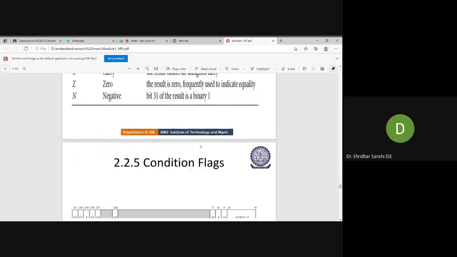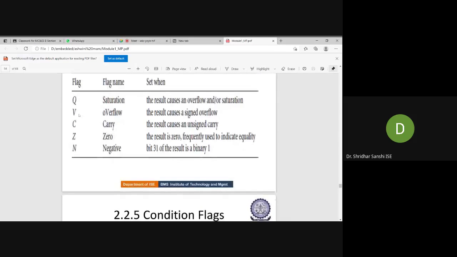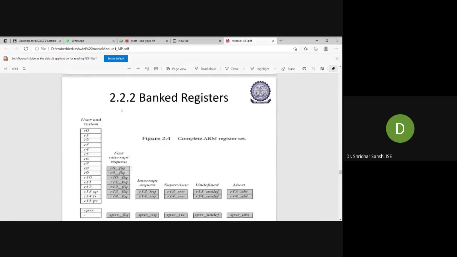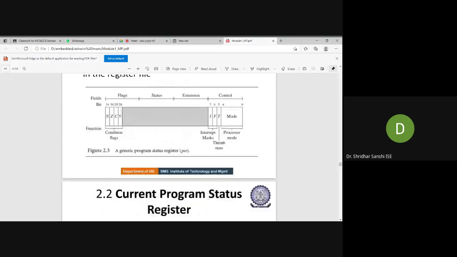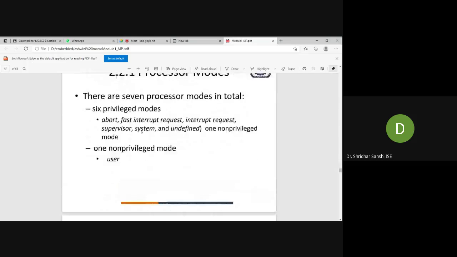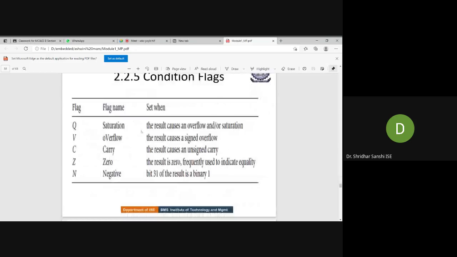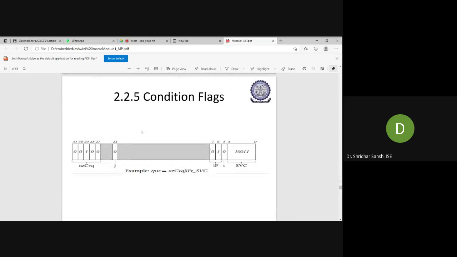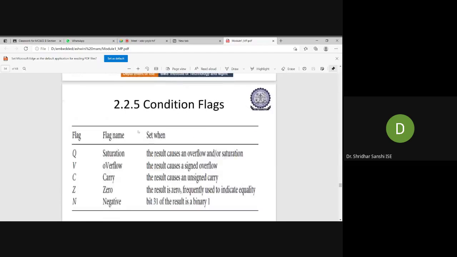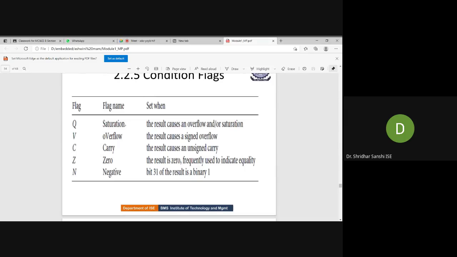Yeah, so I think I have stopped here. I was talking about the Q bit. The Q bit is not included in this diagram because it is generic. Here the Q bit is used only with a processor which uses a DSP instruction set. Some of the advanced processors use this DSP instruction set. What is the use of this?